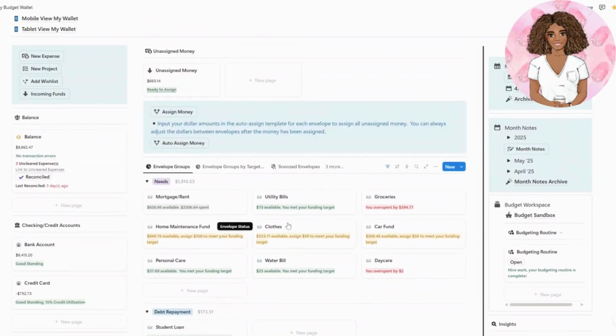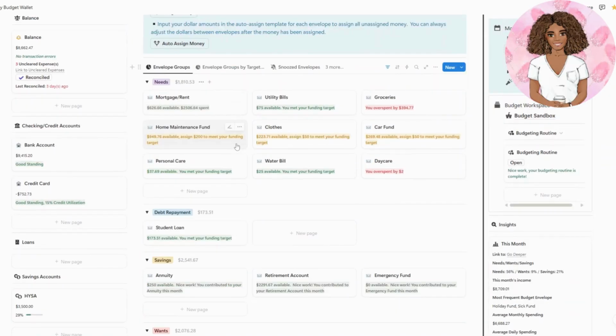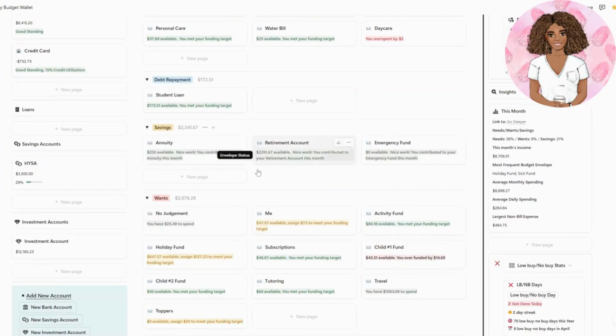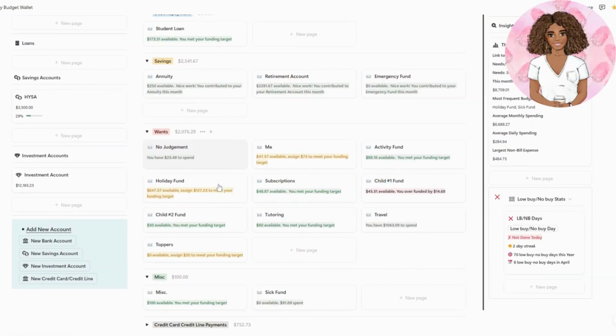Now let me see. I still have 663.14 left to assign. So let me just do a quick overview and make sure I have all the basics covered. And I think I do.